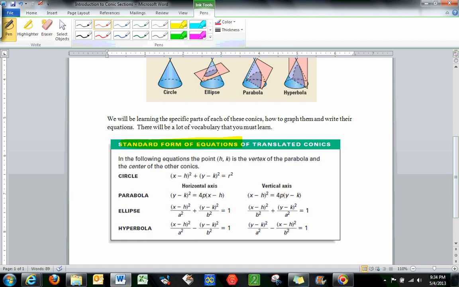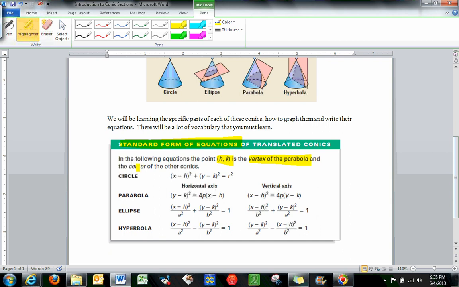Now, these conic sections all have a different look to them based off of their shape, and we'll talk about the specifics of each of the parts of the conic sections within the relevant sections. But here I just want to point out a couple things. In these standard equations we have an h and a k, very similar to what we've been dealing with all year long. Now the h and the k is a vertex in the parabola.